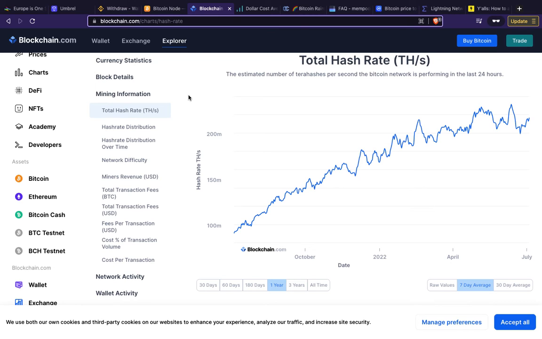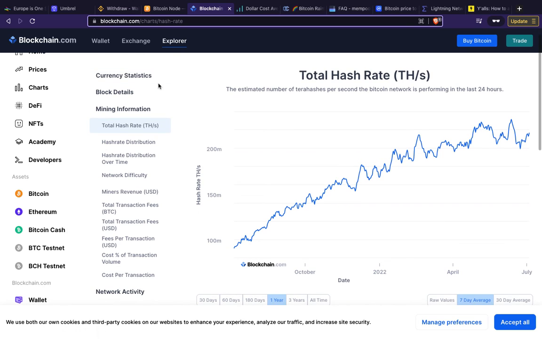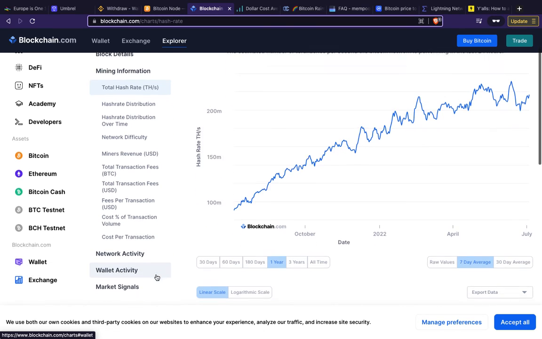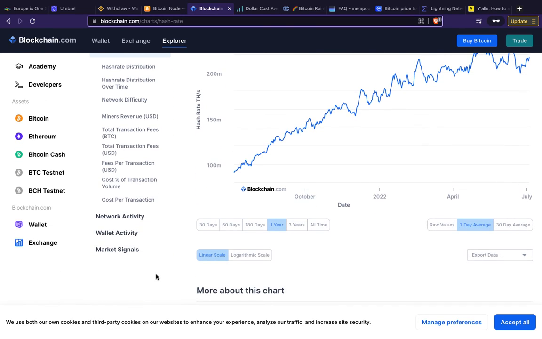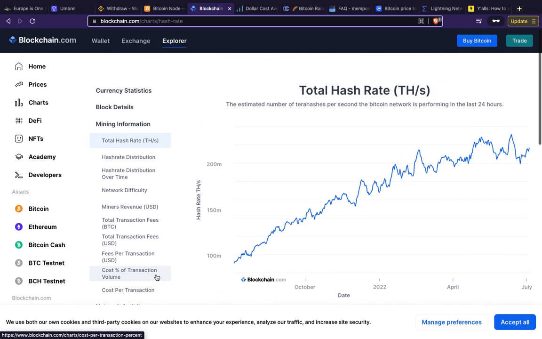Anything else? So you have all of this, cost per transaction, and network activity. In my opinion, the network is very healthy.